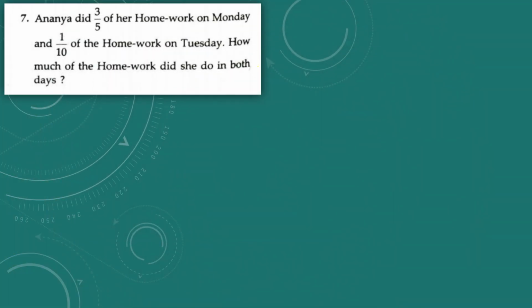Now for the 7th question, we have answered 7. Ananya did 3/5 of her homework on Monday and 1/10 of the homework on Tuesday. How much of the homework did she do in both days? So it means we have to add. That is, total we have to find out. So in this video we are going to just add them. It's very easy. 3/5 plus 1/10.